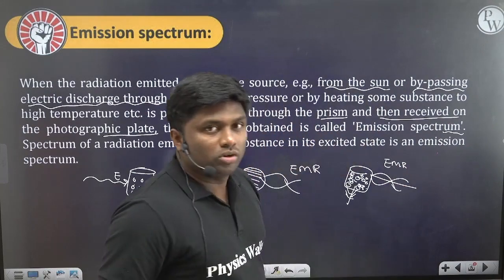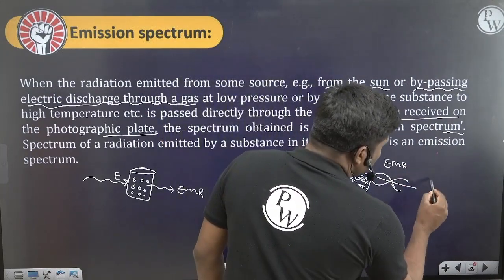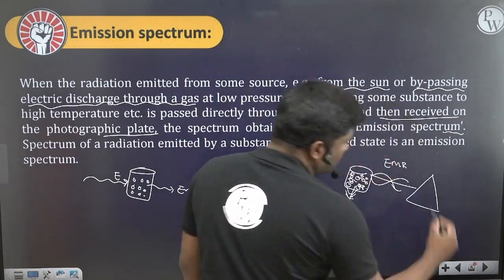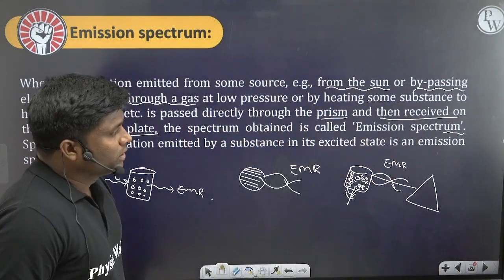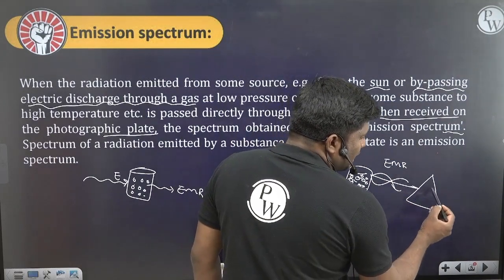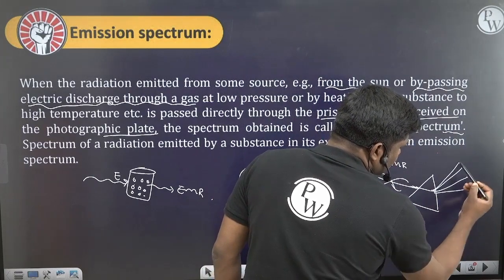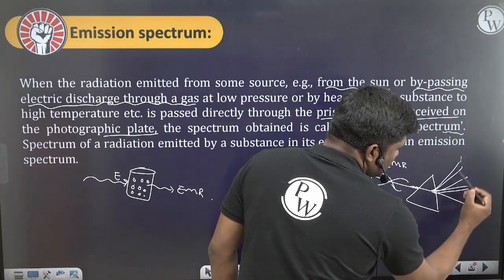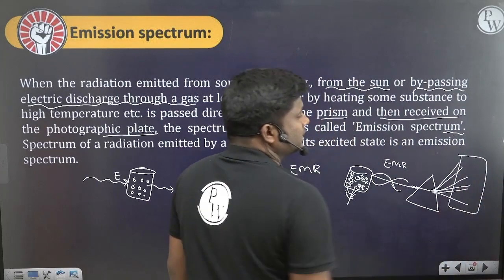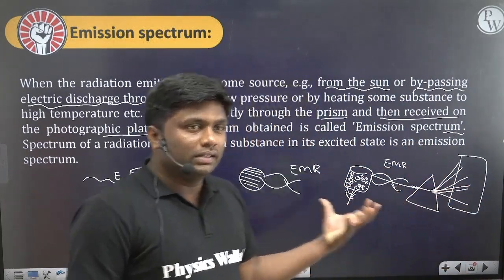If you keep one prism here, this electromagnetic radiation falls on this prism and is deviated into different colors, and we are recording this on a photographic plate. The different colors we have recorded on the photographic plate, this is called what?